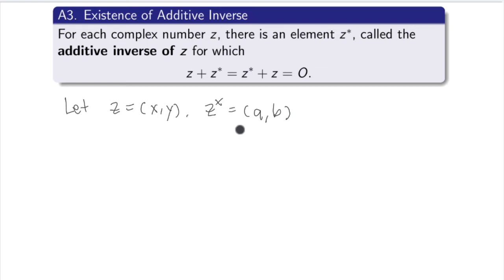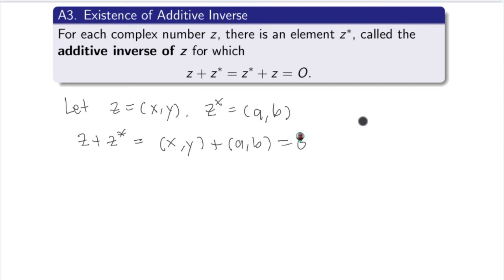For now, let's denote C star by the complex number a, b. So we want to find the value of a and the value of b such that when we add C and C star, the result is 0. So we have C plus C star is equal to the complex number x, y plus the complex number a, b. And we want this to be 0.